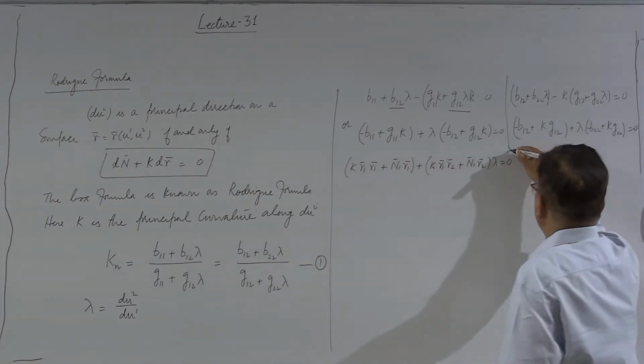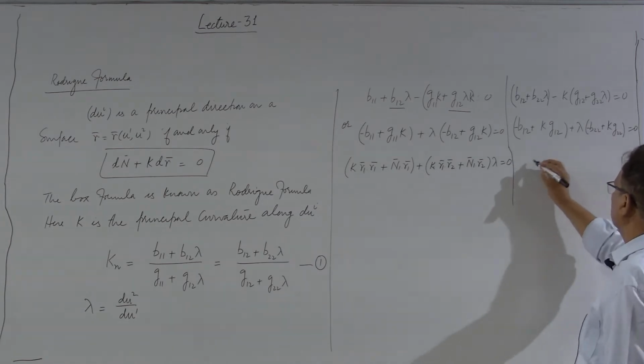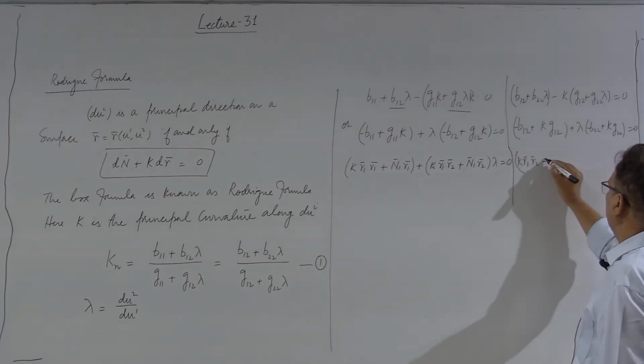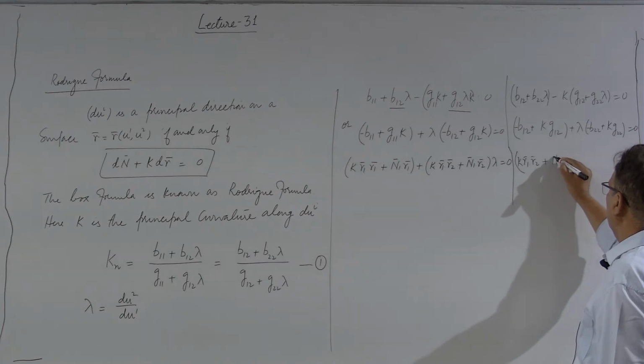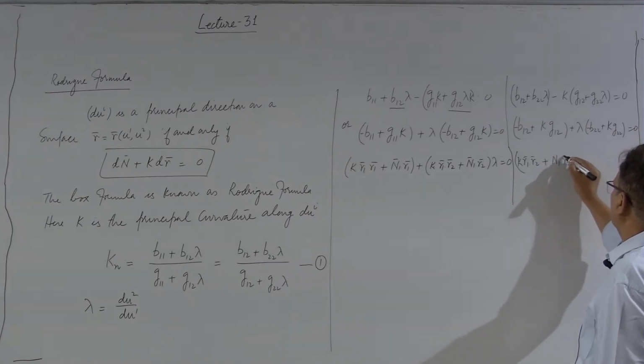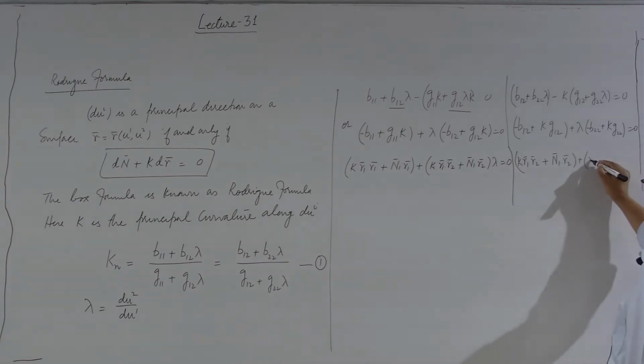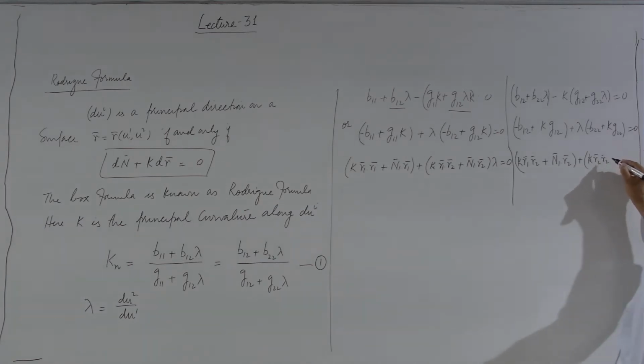Same thing we are doing here also. So, this is k times R1 dot R2 and then plus N1 dot R2, plus lambda times k times R2 dot R2 and then plus N2 dot R2, equal to 0.